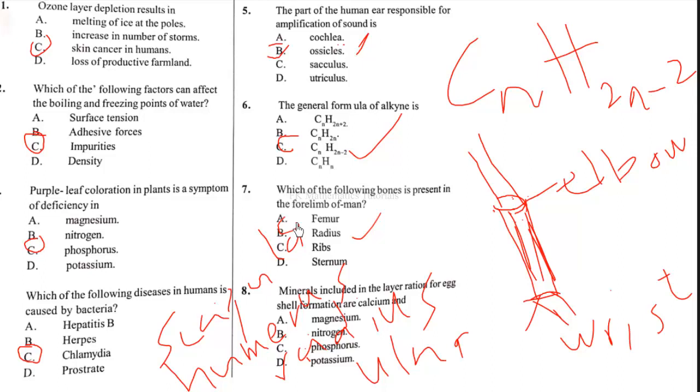Minerals included in the layer's ration for eggshell formation are calcium, and calcium is needed at adequate levels for eggshell formation. There's another that also must be present, even though it can be in a low level in the eggshell.